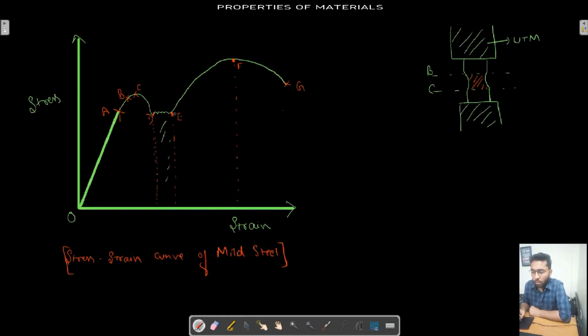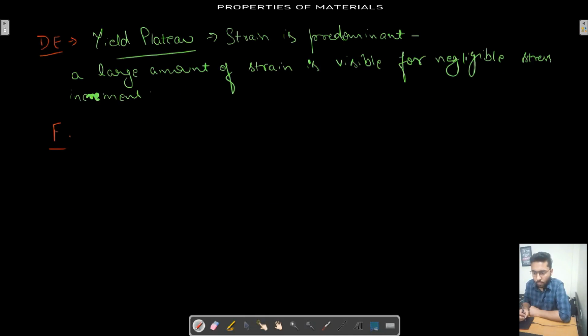Now we have one more point, that is F. So first of all let us discuss this point F. We can say that it is the ultimate point. So why do we say it as ultimate point? Because at this point the material can take maximum amount of stress.